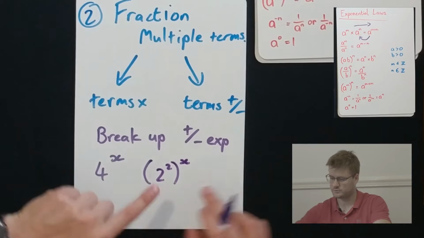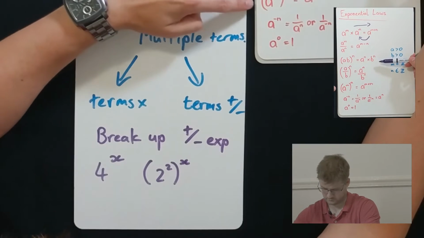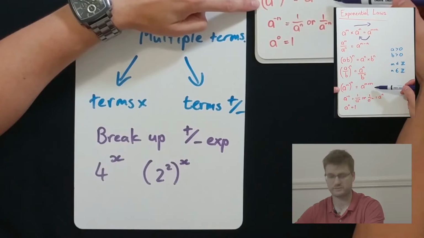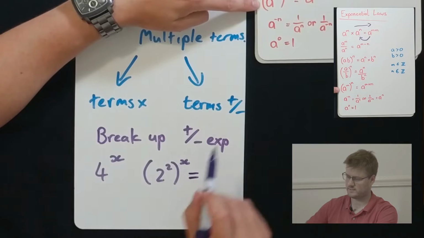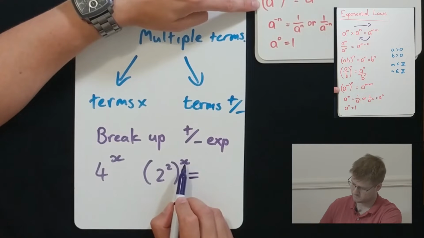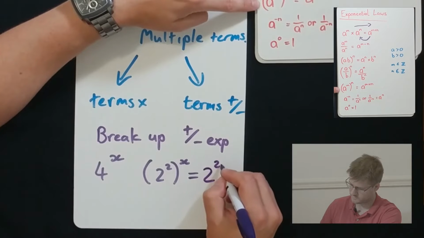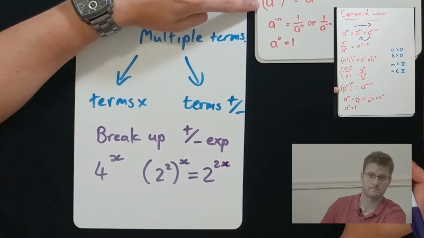We can then use law 5 over here. Because we have the exponent outside the bracket, we can now say that it's 2 times x. So 2 to the power of 2 times x. 2 to the 2x. All right?